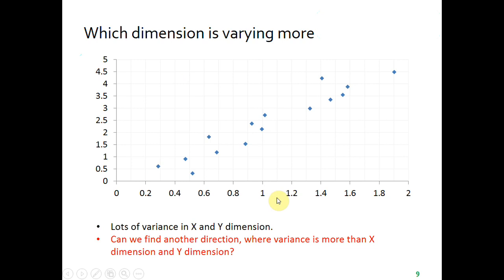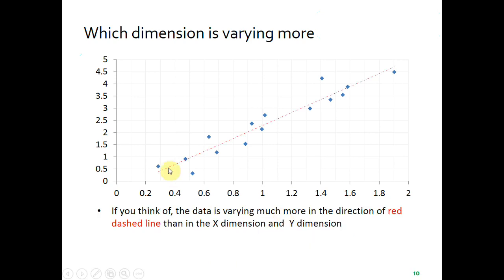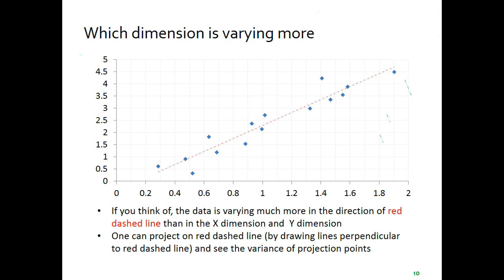Now if I ask you, and you can pause the video and think of this question, can you find another direction where variance is much more than x dimension, y dimension? You can actually make a line like this, red dashed line, and if you put projections from all the points on this red line, you will find that the projection points are varying much more than x dimension and y dimension.